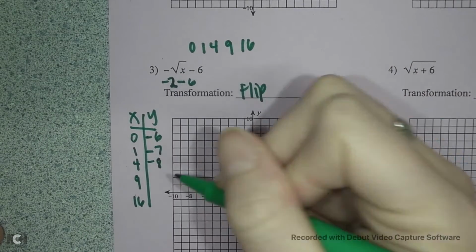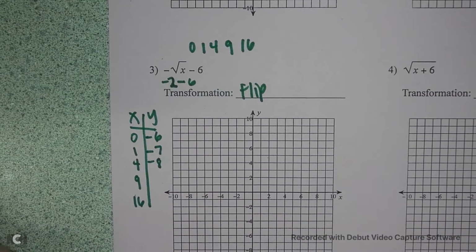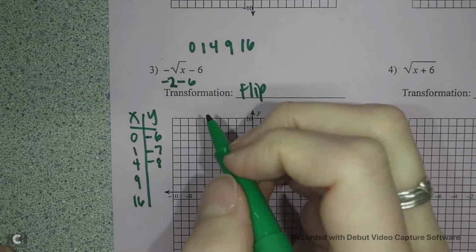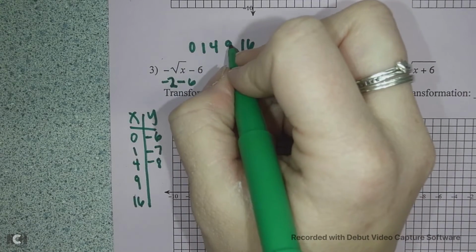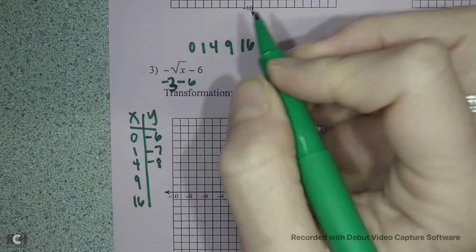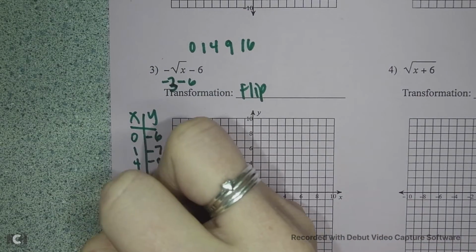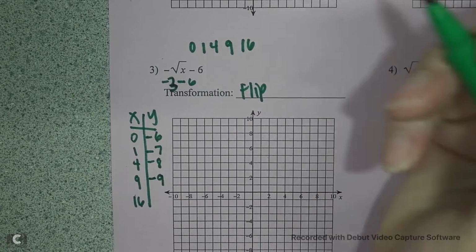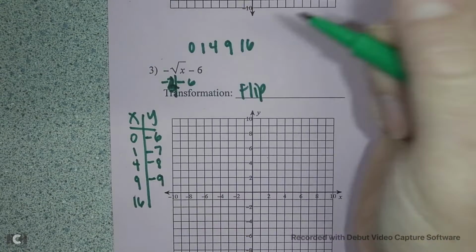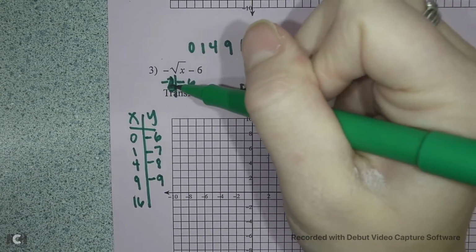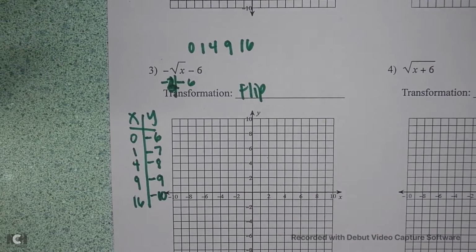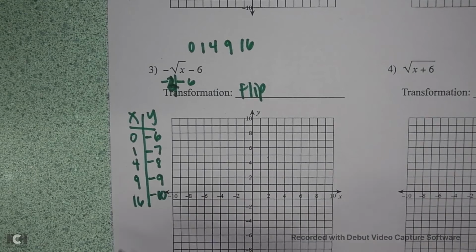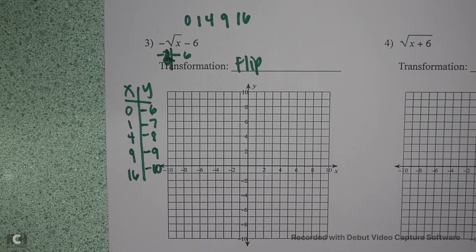Notice we have a pattern going on. You should have a pattern in each of your tables. Okay. And then we have the square root of 9, which is 3, and -3 minus 6 is -9. And the square root of 16 will be 4, and then it's a -4 minus 6 is -10. Okay, and if I could fit more on here, I would, but my graph is only so big.